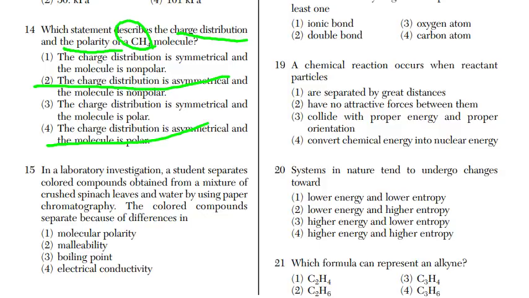Then to remember, symmetrical goes with nonpolar molecules, asymmetric with polar. Just remember, it's a synap. Symmetrical nonpolar, asymmetric polar. And that makes the answer choice 1 for question 14.